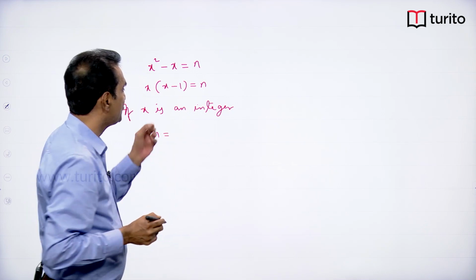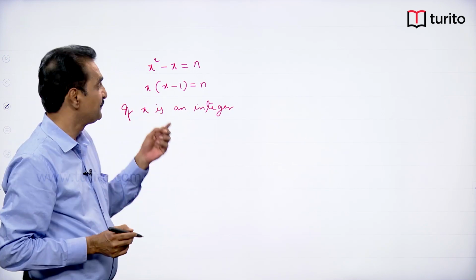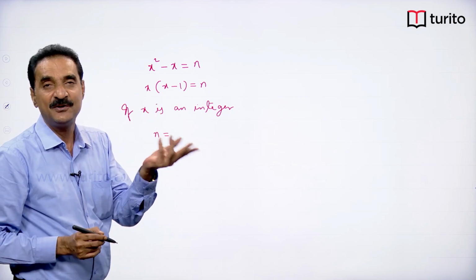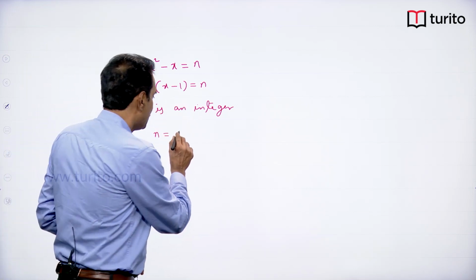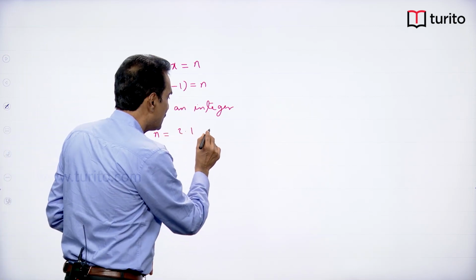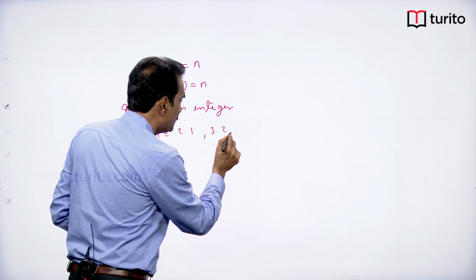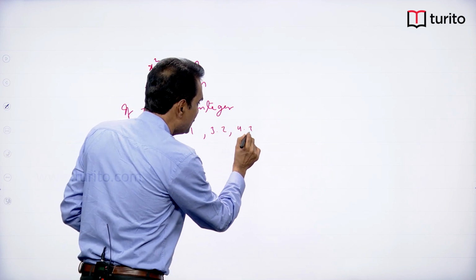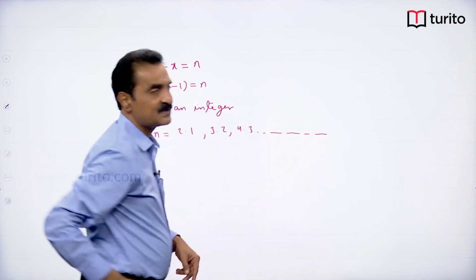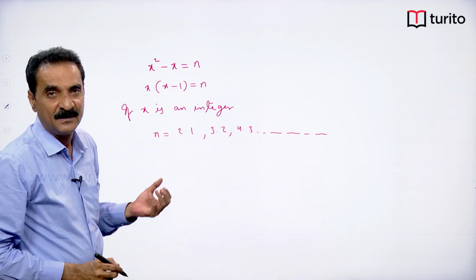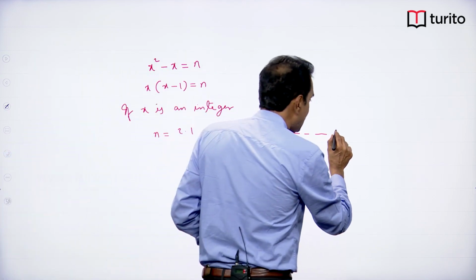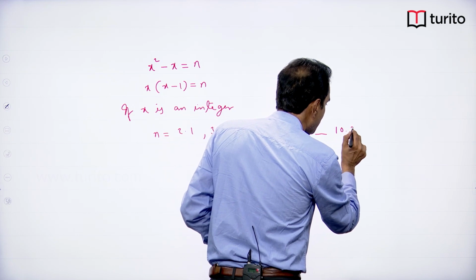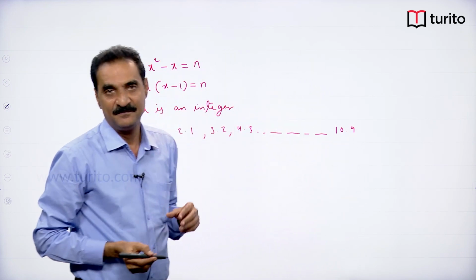N is equal to, starting from the smallest consecutive numbers, 1 into 2 or 2 into 1, 3 into 2, 4 into 3, and what is the last pair here? It is definitely 10 into 9, 90.